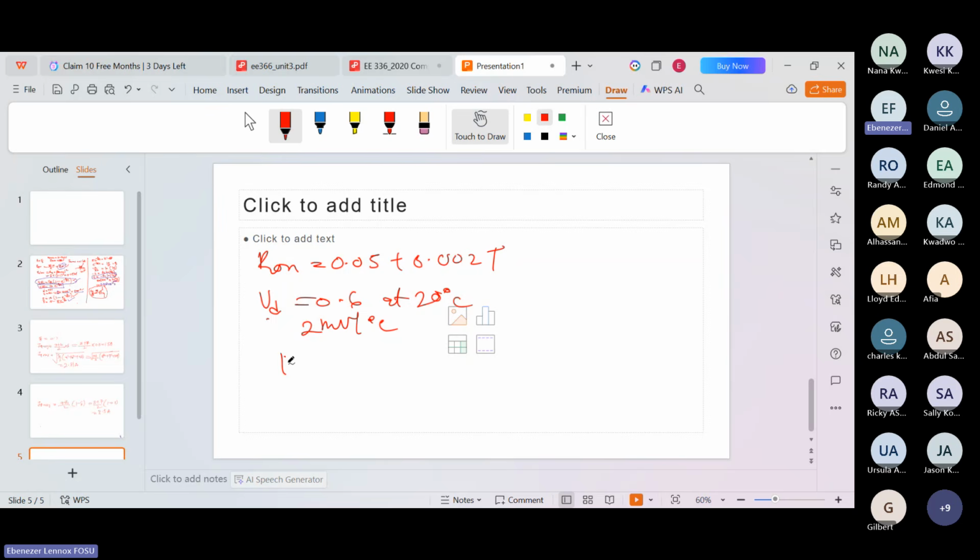If you look at the IGBT, its model has an on-state resistance and a certain voltage, right? So this is R on and this is, let's say, VD, the voltage drop. So this R on changes with temperature, and the VD also changes with temperature.